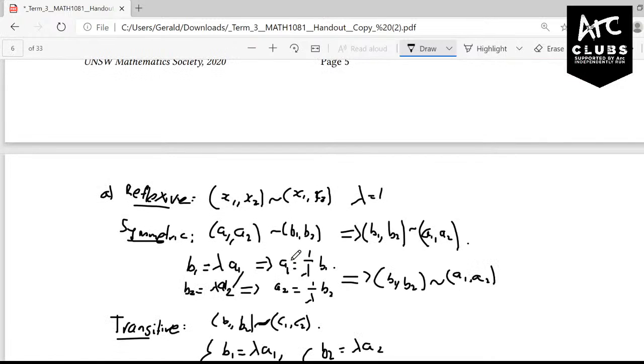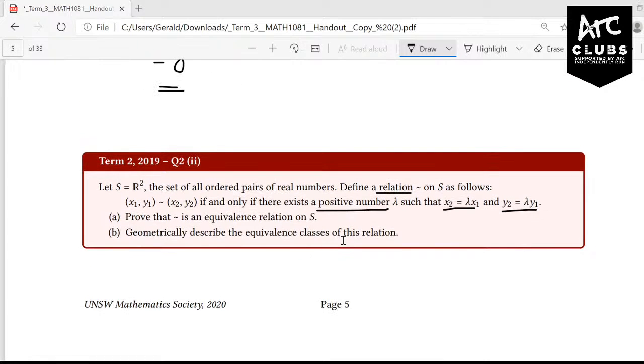So remember that two ordered pairs are related if there is a positive number lambda such that this holds. Well, that really just means that two things are related if they are multiples of each other.